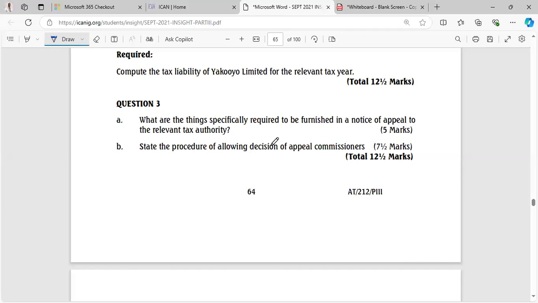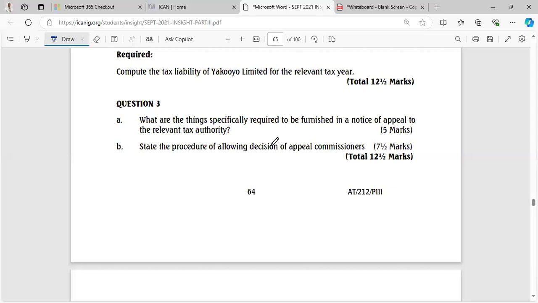Then finally, you could also mention the capital allowances that are used to reduce the assessable profit to your taxable profits. So all of these are the things that you need to furnish to the tax authority.